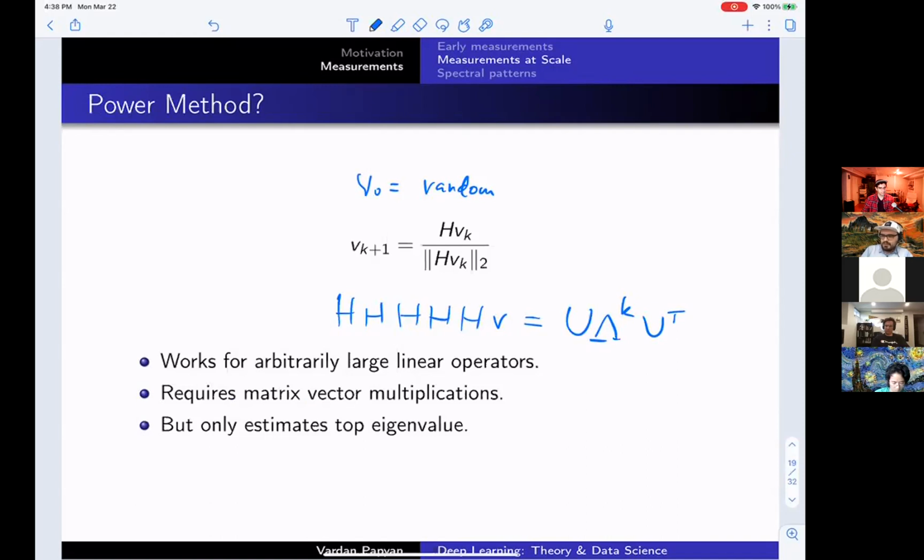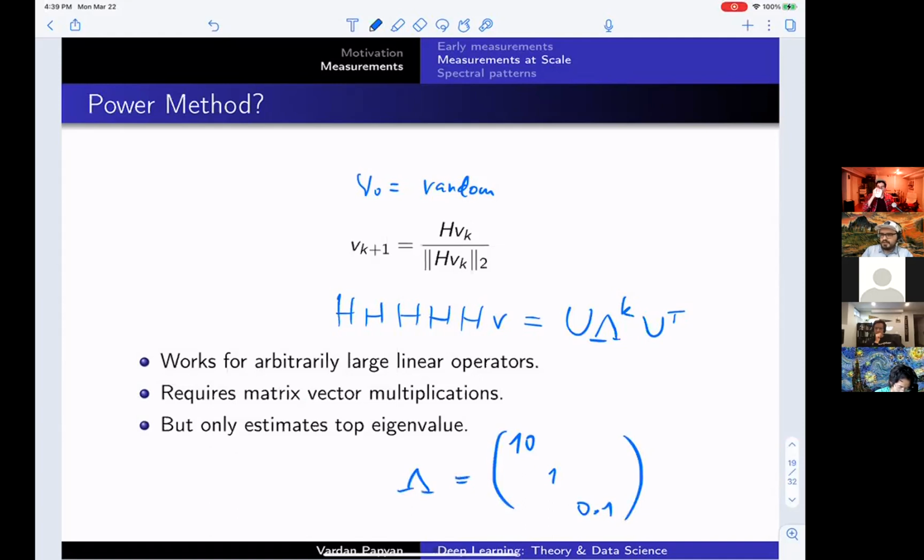And then notice that if you take lambda to a power of K, all the eigenvalues except the top eigenvalue are just going to become insignificant. They're just going to become very small. So here's an example. Imagine the eigenvalues were 10, 1, and 0.1, right? So this is capital lambda.